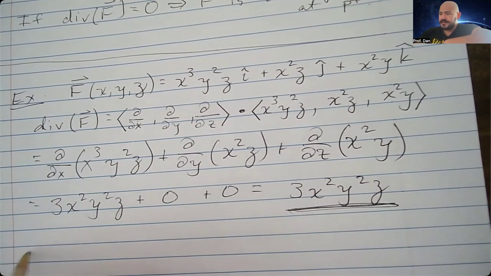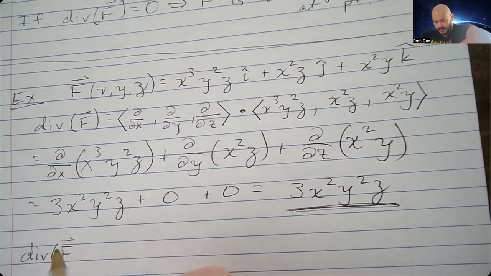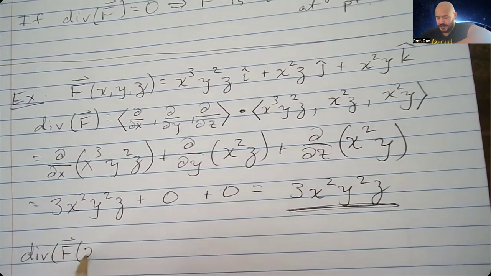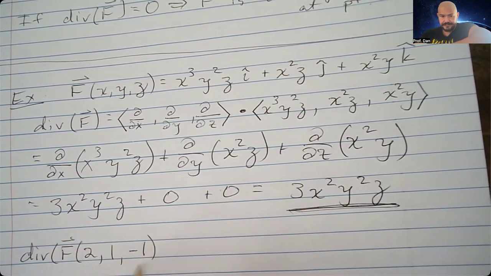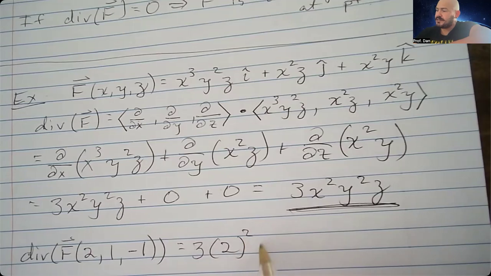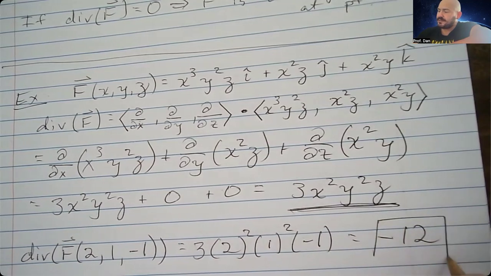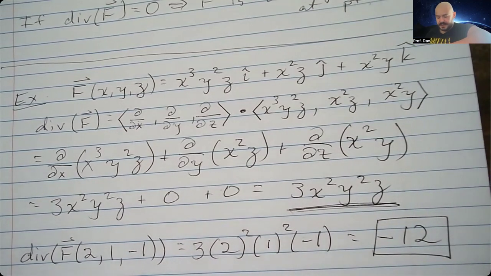So if I wanted to find the divergence of F specifically at the point (2, 1, -1), I would just need to plug those values in. So we get 3 times 2 squared times 1 squared times -1, and the result I get is -12. So at that point, the divergence is -12.